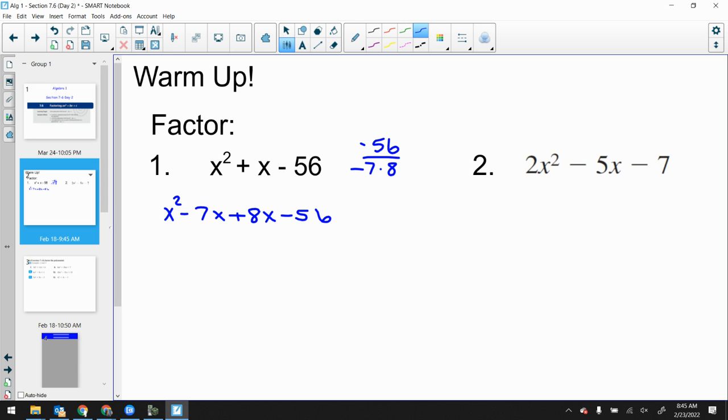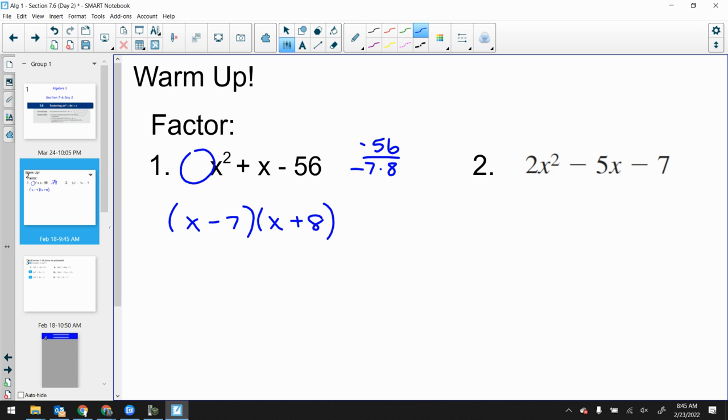Sure. It will work, but you're doing a lot more work than you need to. You don't need to do that rewrite method. It's an easy type problem. There's no number out front. Just go straight to your answer. And there's my answer. Be careful with that. A lot of people might try to do more steps than they need to, and you don't need to do that.